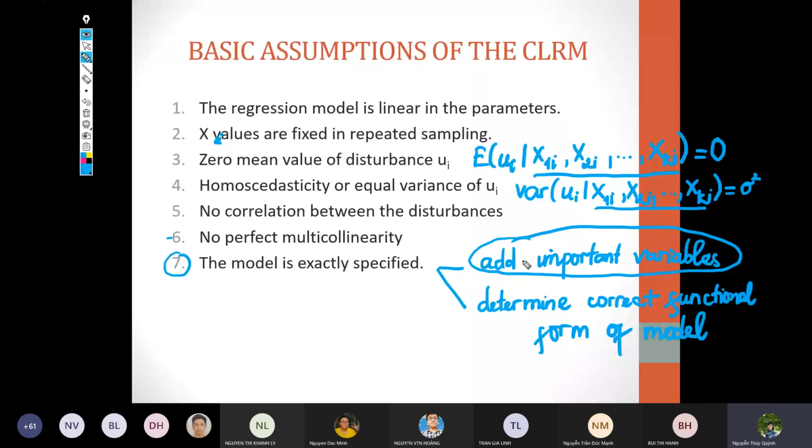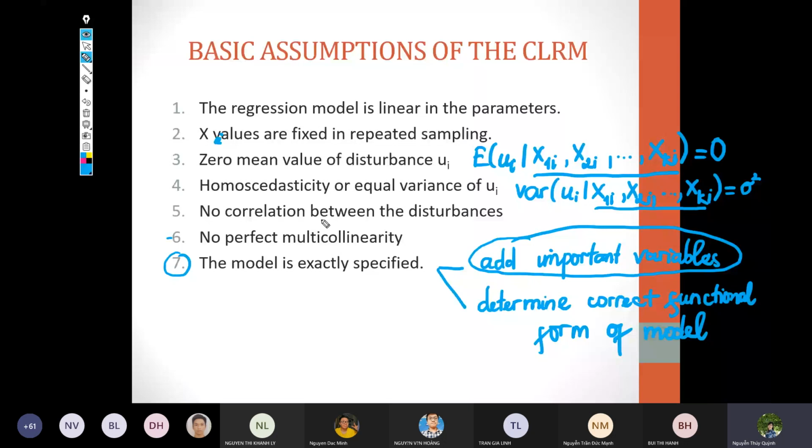Now, do you have any questions here regarding the basic assumptions? If not, we will move to the case where we do not add all the important independent variables into the model to explain the value of the dependent variable. What will happen to our estimators? What will happen to our OLS estimators?